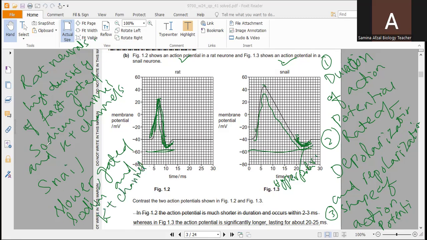So we can say the rat neuron exhibits a rapid transient change in membrane potential. In this way, we can easily contrast both of these.